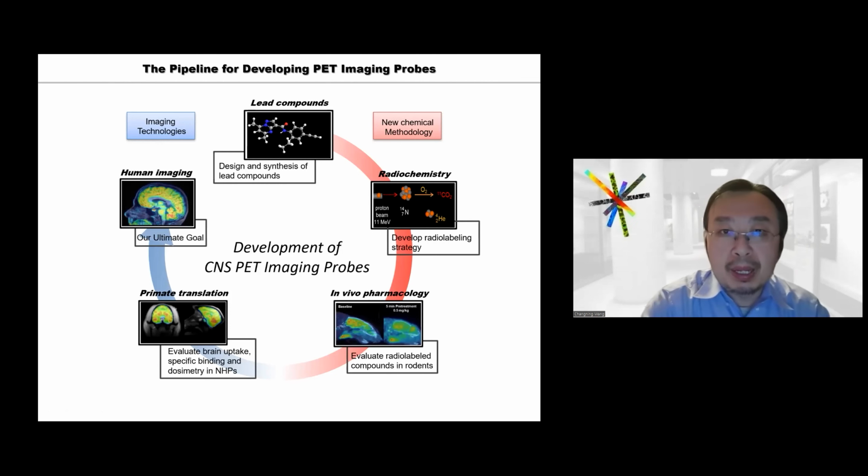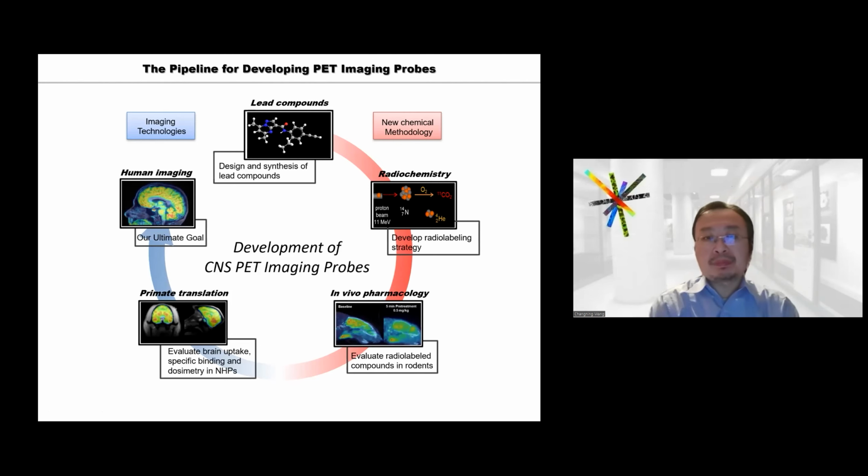The pipeline to develop a PET imaging probe is similar to finding a drug at the very beginning. We need to start by confirming the target of interest, for example RIPK1 in this case, and we need to design the lead compound.